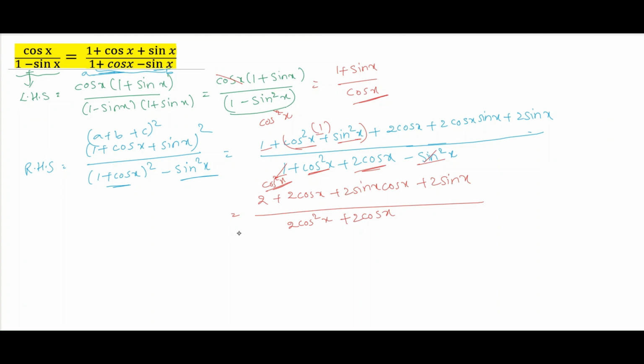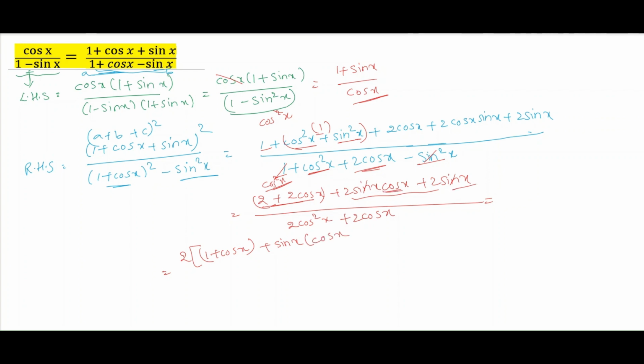In numerator, if we consider this, we can take 2 as common. 2 out. 1 plus cos x will be here from these two terms. If we take 2 out, it would be like 1 plus cos x. And the remaining two terms, we can take sin x out. So when we take sin x out, it becomes plus sin x of, here the remaining is cos x.